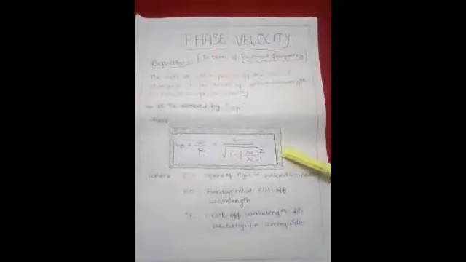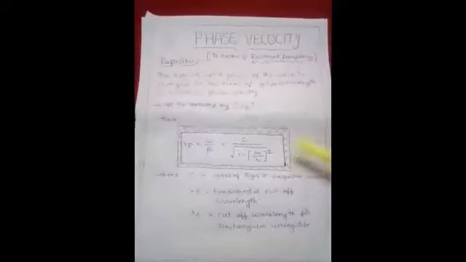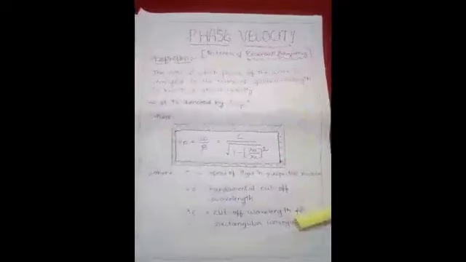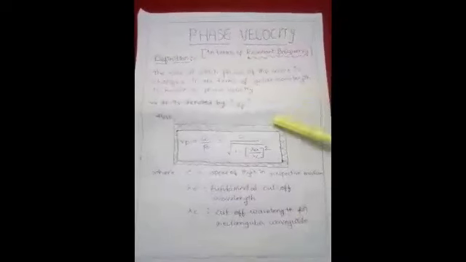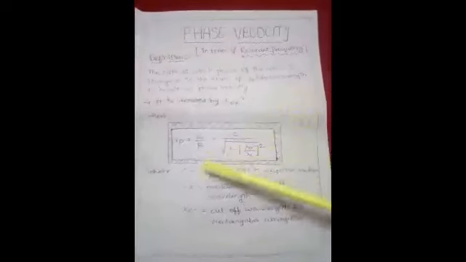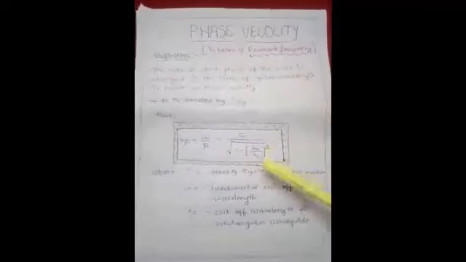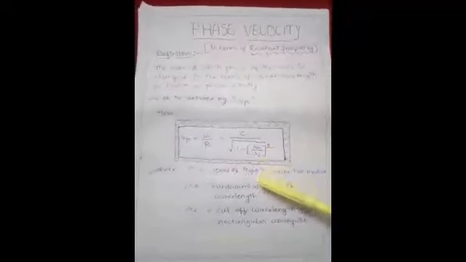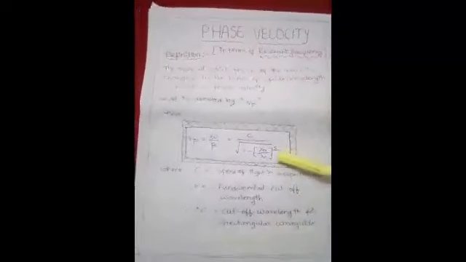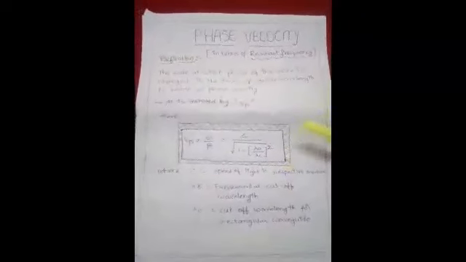It is a simple multiple choice question or 1 mark question which has to be written when asked about phase velocity, or the problems or numerical aspects related to phase velocity can be solved using these 2 simple formulas. They are nothing but omega by beta and C by root over 1 minus lambda naught by lambda C whole square. Here I gave a brief description about the terms used in the formula. We can learn them clearly coming in the video.